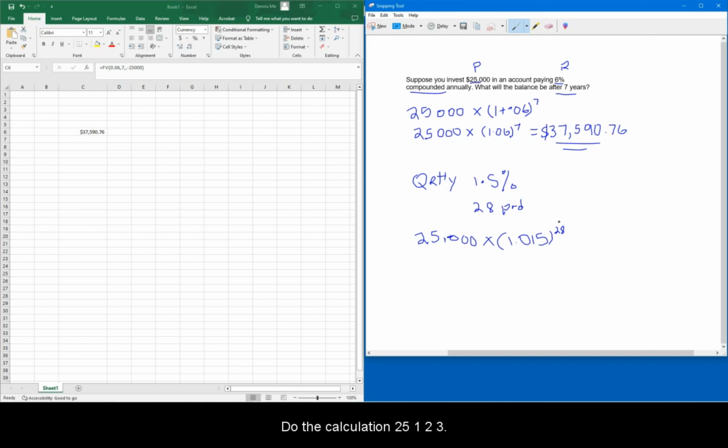Let's see what we get with that. You could do the calculation: 25,000 times 1.015 raised to 28.